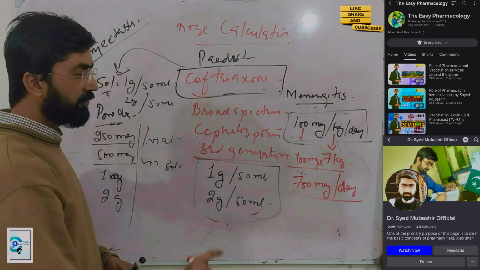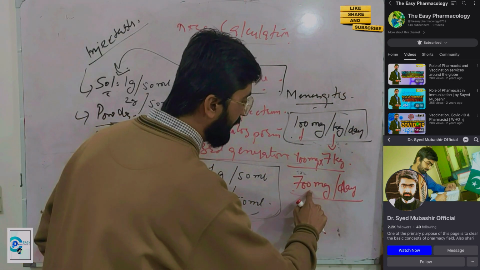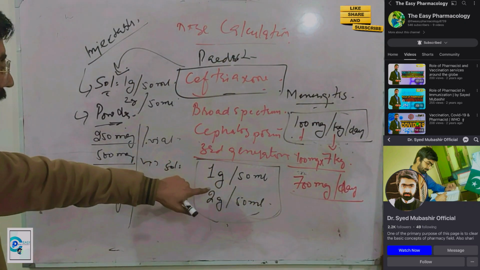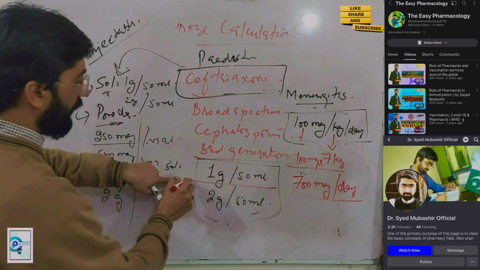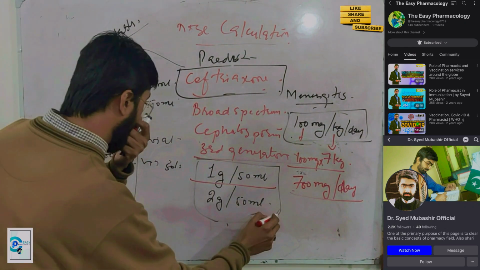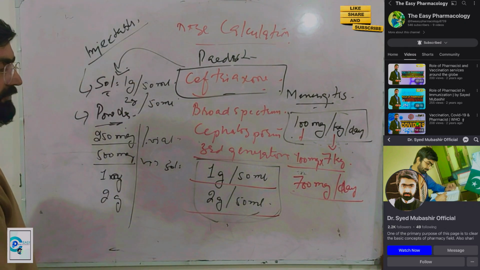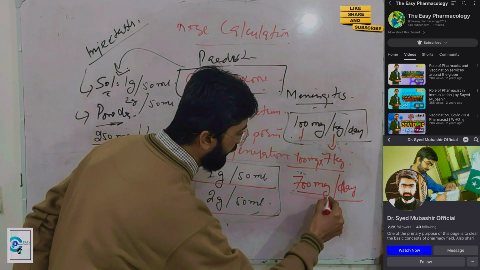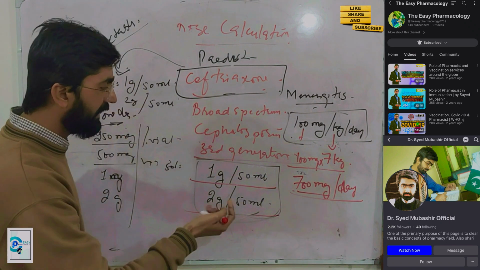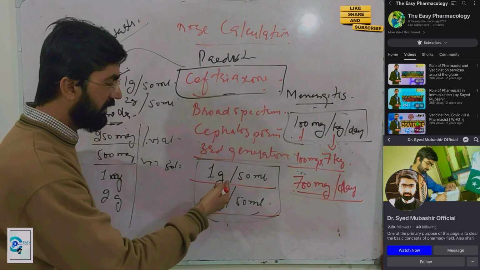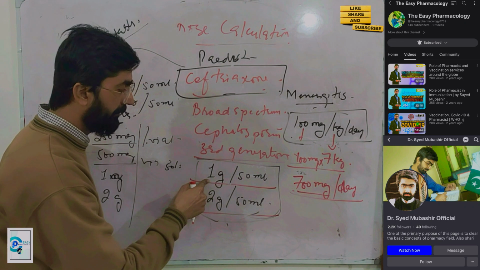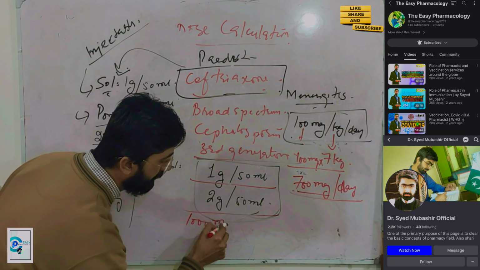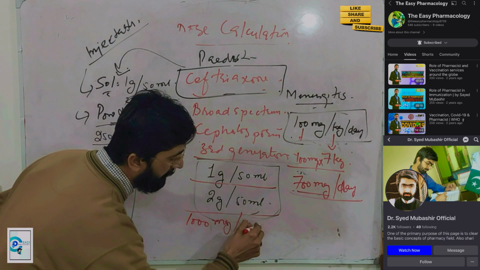Now you have to give 700 milligram per day, and you have the available strength in solution form, 1 gram per 50 ml and 2 gram per 50 ml. The total dose is 700 milligram. So we can take this strength because this contains 1 gram, means 1000 milligram per 50 ml.